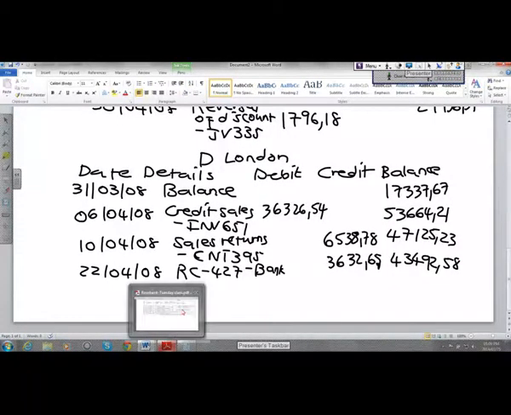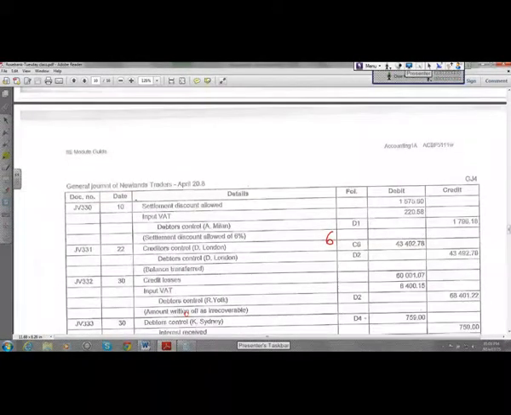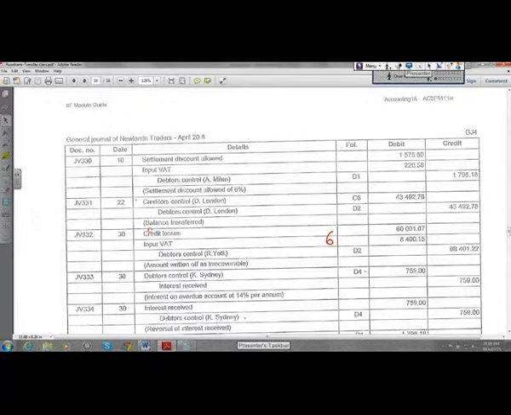All right, let's look at London. Okay, so let's see what has happened here. So transaction involving London.